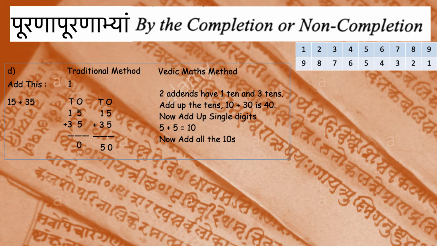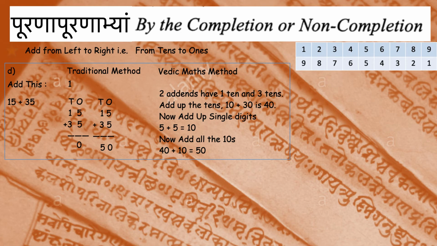Initially you can put it down on paper, but with practice you can do it in the mind within a few seconds. Now, did you notice something here? We are adding from left to right, from tens to ones.